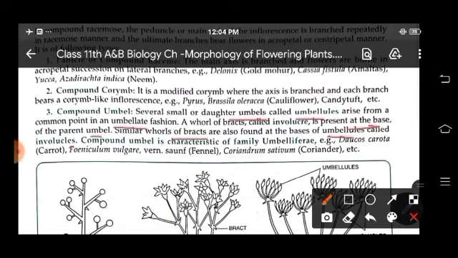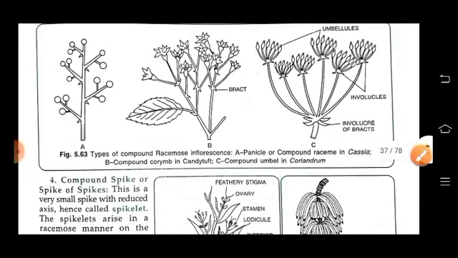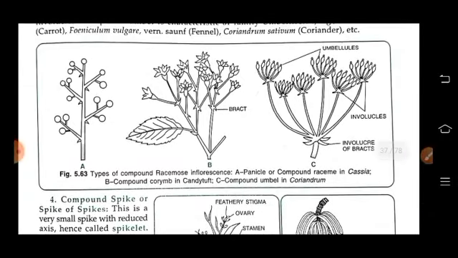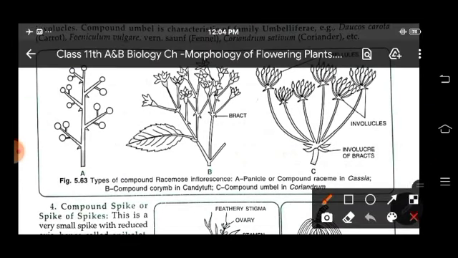Compound umbel is a characteristic of the family Umbelliferae. Now here are some examples of compound racemose inflorescence. Now this is the compound raceme, then compound corymb and compound umbel.